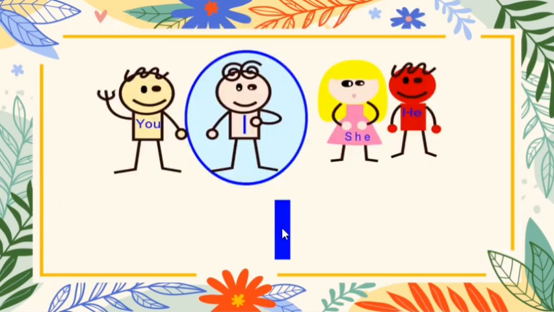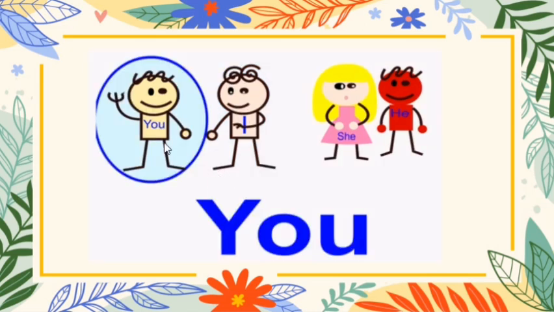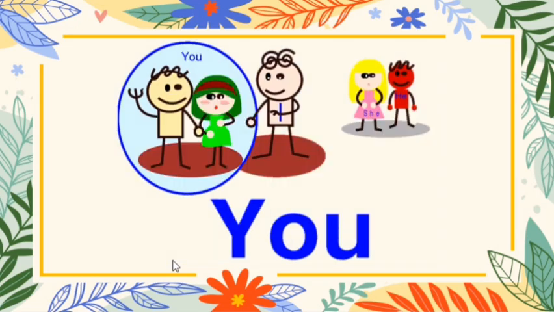When I want to talk about myself, I say pronoun I. When I want to address you, I use pronoun you. And when I want to address you both, then I say you. So you pronoun can be used for both singular as well as plural.